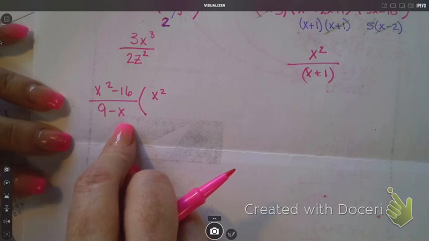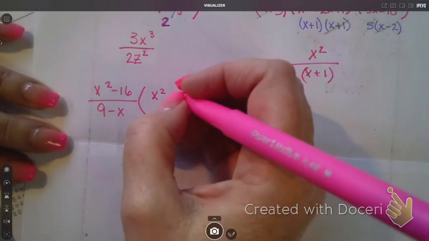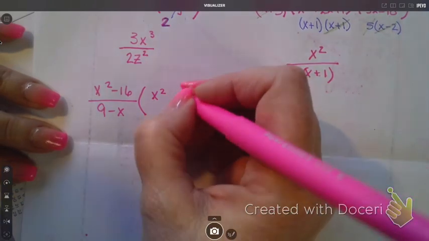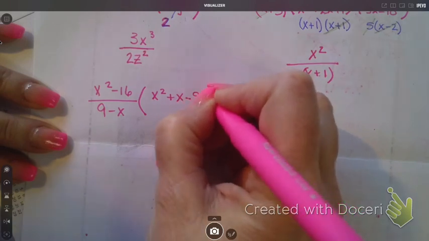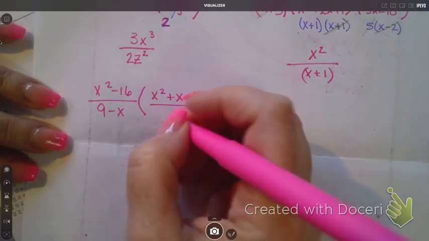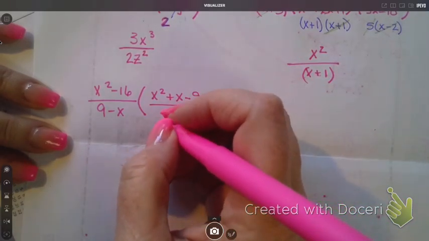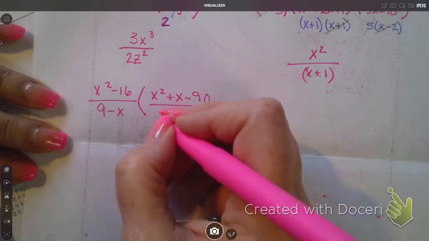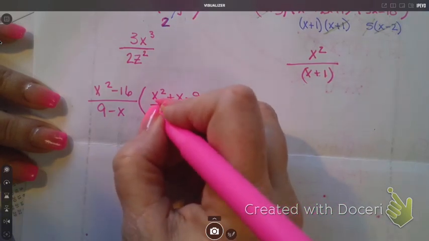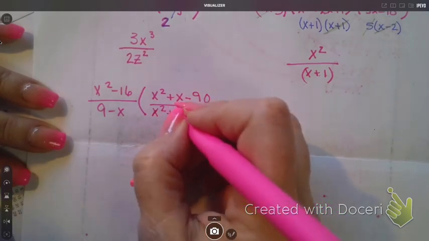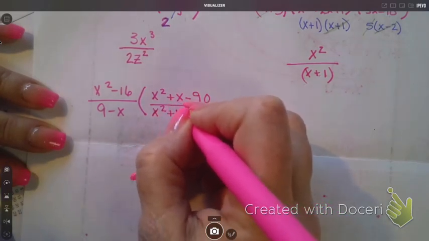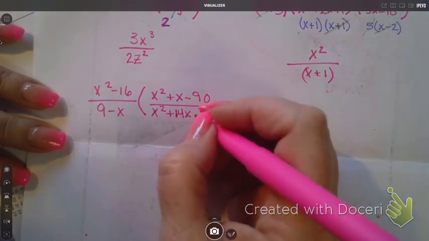So you can change around subtraction, but you got to take the signs with them, right? You do in addition too, but they're both just positive. And then x squared plus x minus 90 over x squared plus 14x plus 40.